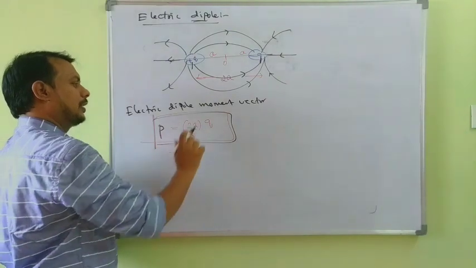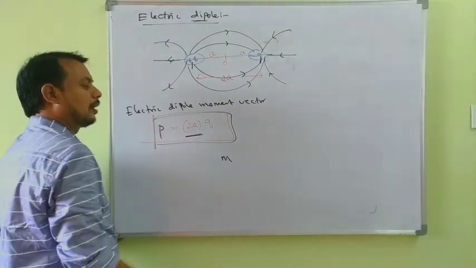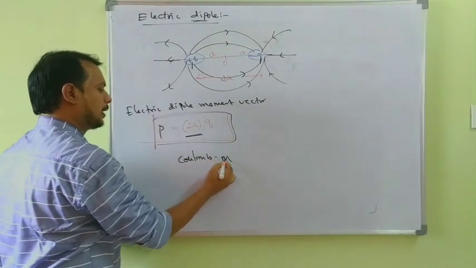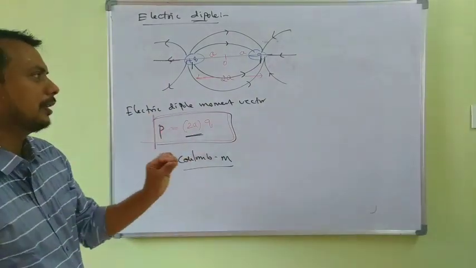And what is the unit of this electric dipole moment vector? Distance is meter and charge is coulomb, so the unit is coulomb meter.